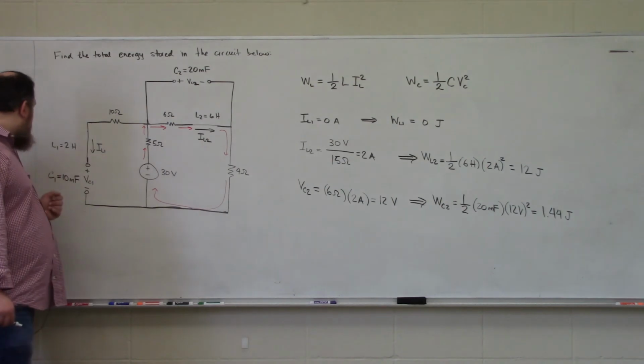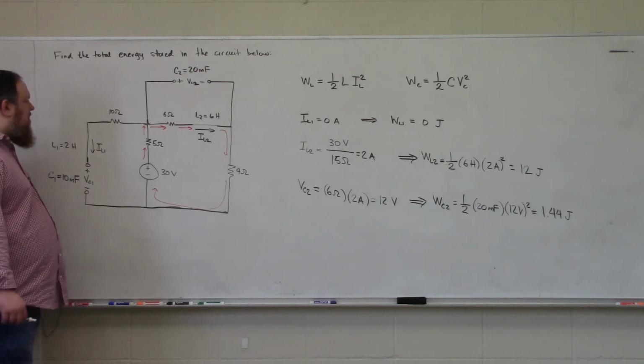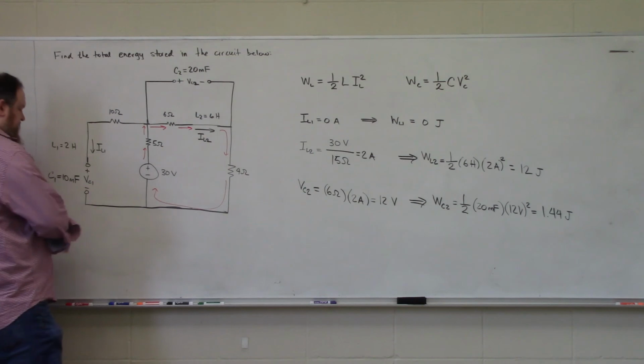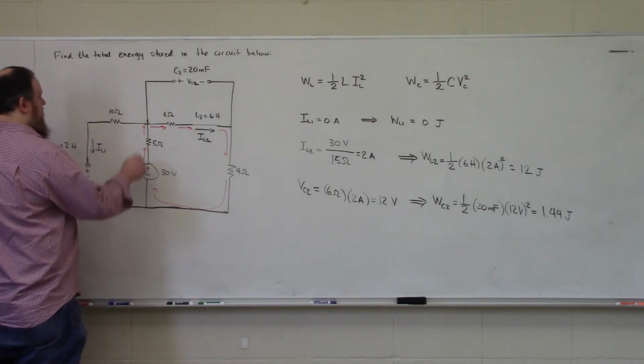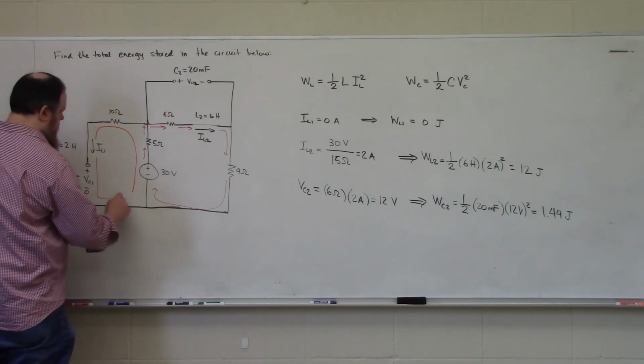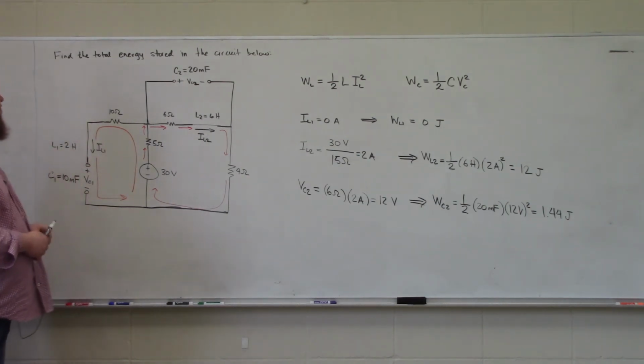Lastly, we have to determine the voltage drop over our capacitor C1. And for this one, I'm going to use Kirchhoff's voltage law. I'm going to start at this bottom left-hand corner and work my way around the circuit like so. So the orange is the loop I'm taking to write my KVL equation.